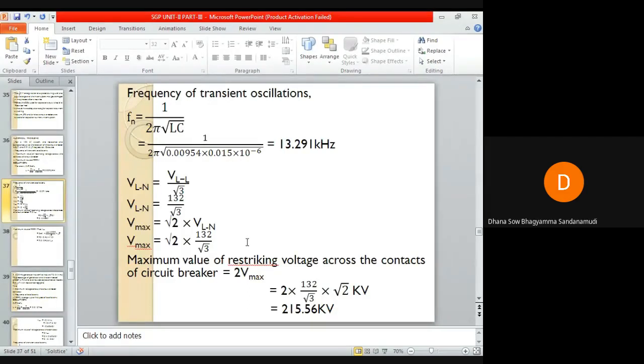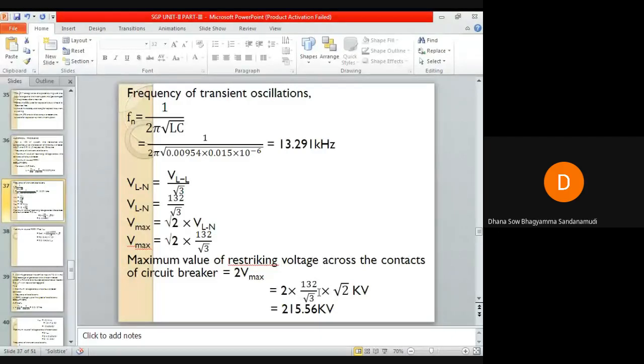So you have got the Vmax value, root 2 into 132 by root 3. The maximum value of restriking voltage across the circuit breaker contacts, as you already know, is given by 2 Vmax, that is 2 into root 2 into 132 by root 3.